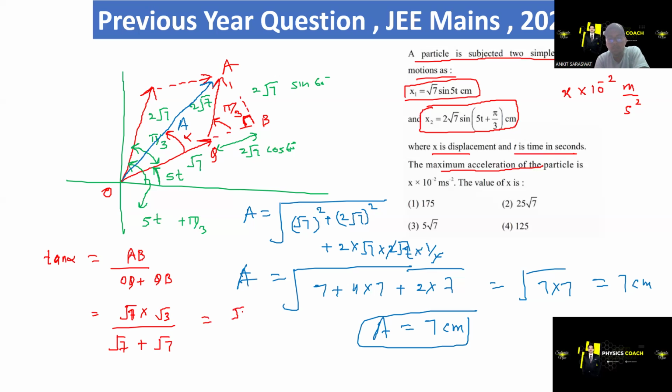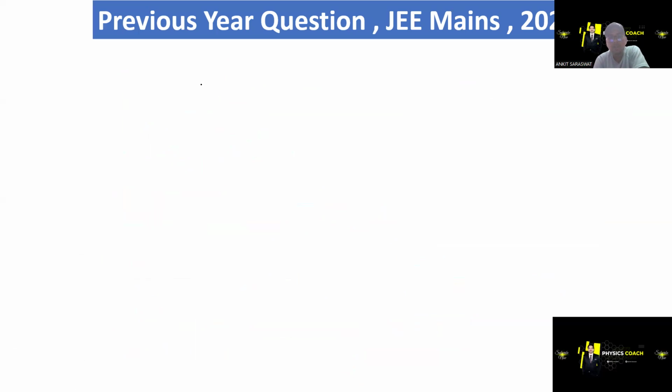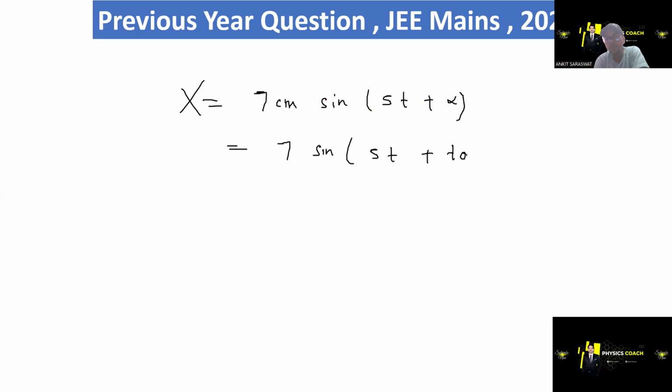So it comes out to be root 3 by 2. This alpha comes out to be tan inverse of root 3 by 2. Clear? Now if you write the SHM equation for this particle, it will be x is equal to A, that is 7 centimeter, sin(5t plus alpha), where alpha is tan inverse root 3 by 2.